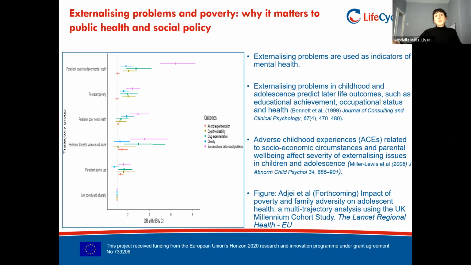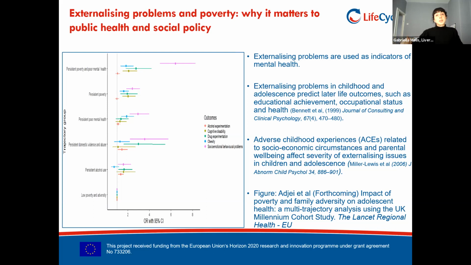And looking at externalizing as an indicator of mental health through the inequalities lens, research has found that adverse childhood experiences, also called ACEs, affect the severity of externalizing issues from very early stages of a child's life.